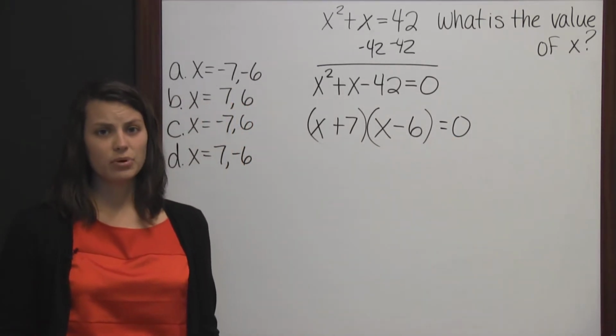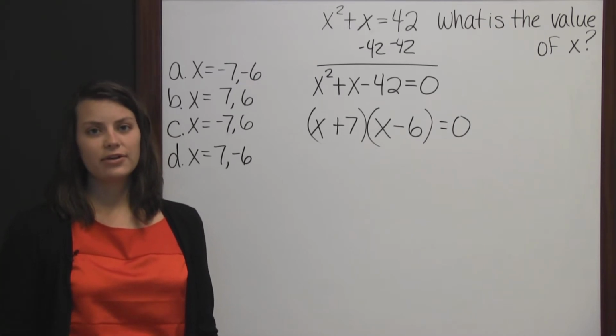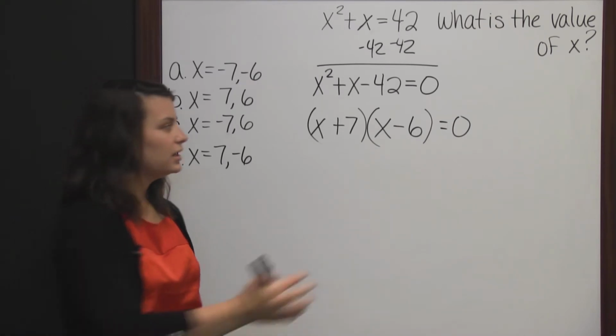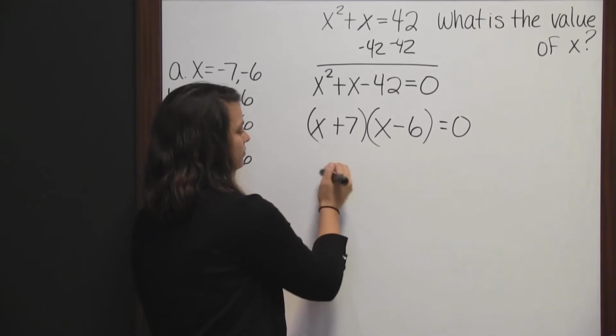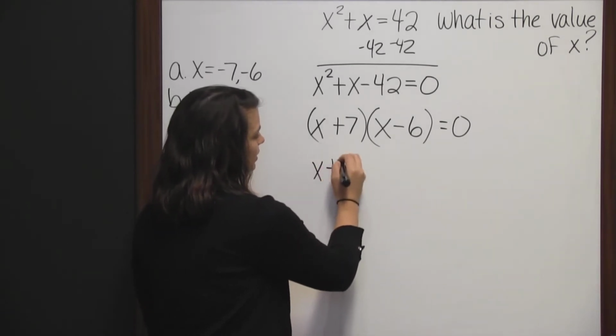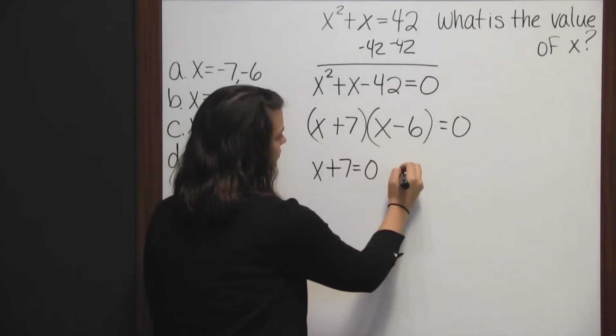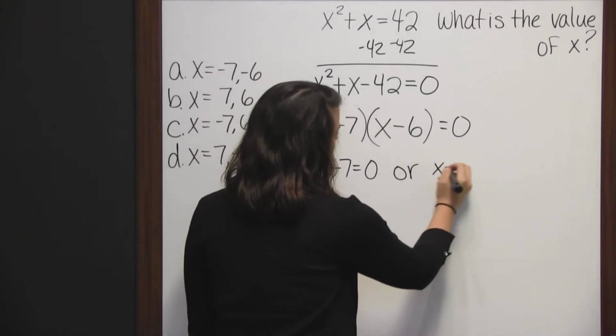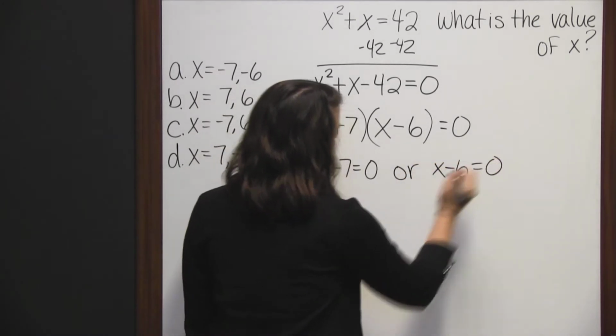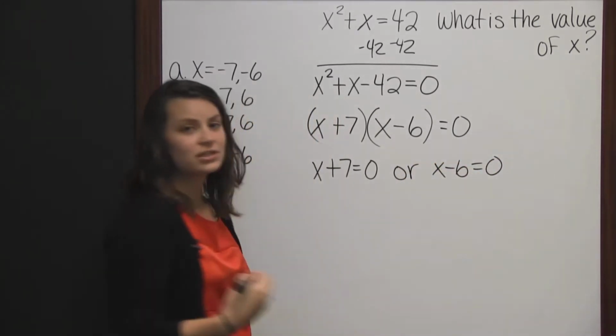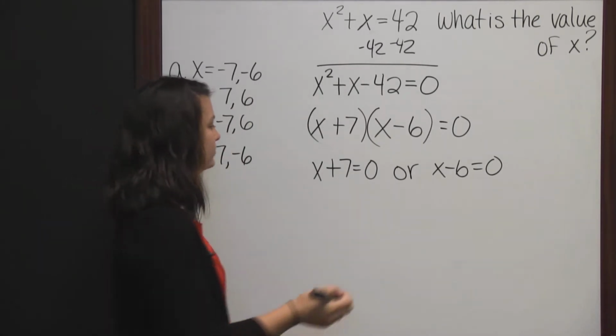And the only way to multiply two numbers together and get 0 is if one of your numbers is 0. Which means either x plus 7 has to be 0, or x minus 6 has to be 0. And then we just solve for x in each equation.